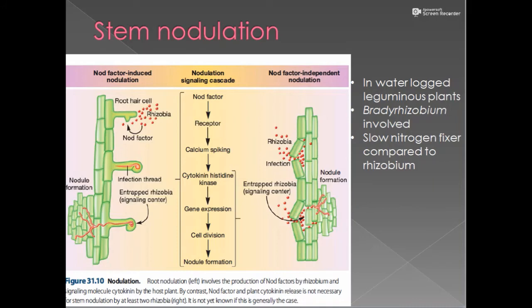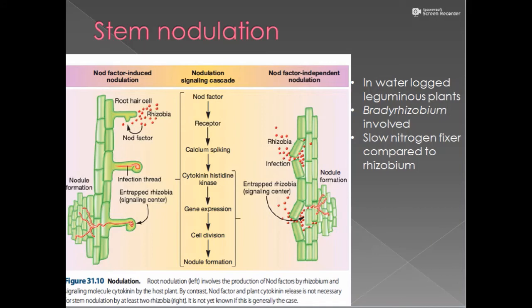But unlike the other Rhizobium which nodulate in the roots, these nodulate in the stem, and such stem nodulation by Bradyrhizobium is mainly found in leguminous plants which occur in waterlogged conditions.